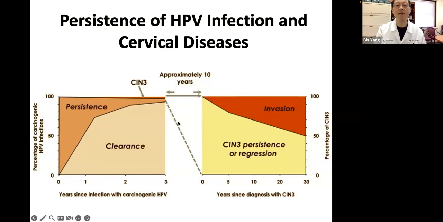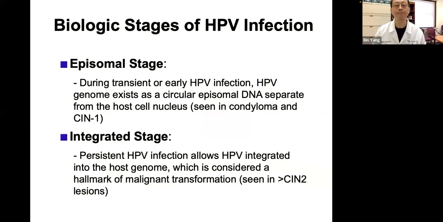But on average, you have a lengthy period of time from transient infection to persistent infection, and a still very small percentage of those women with persistent infection get squamous dysplasia from low grade to high grade to invasive carcinoma. But if you look at HPV infection from a biological perspective, we divide it into episomal stage and integrated stage. Those are transient early HPV infection.